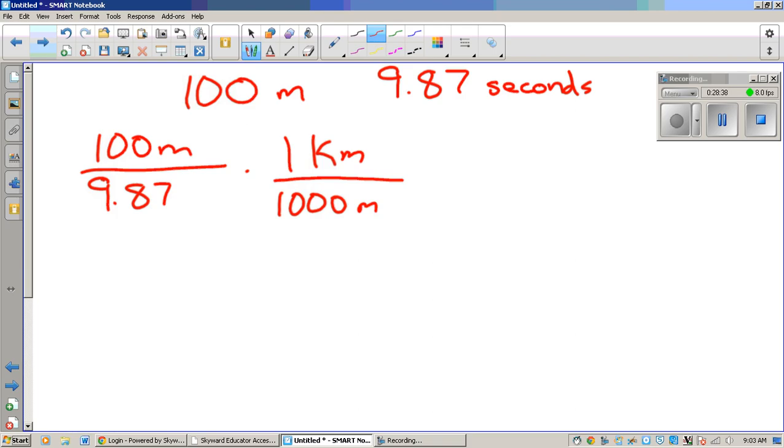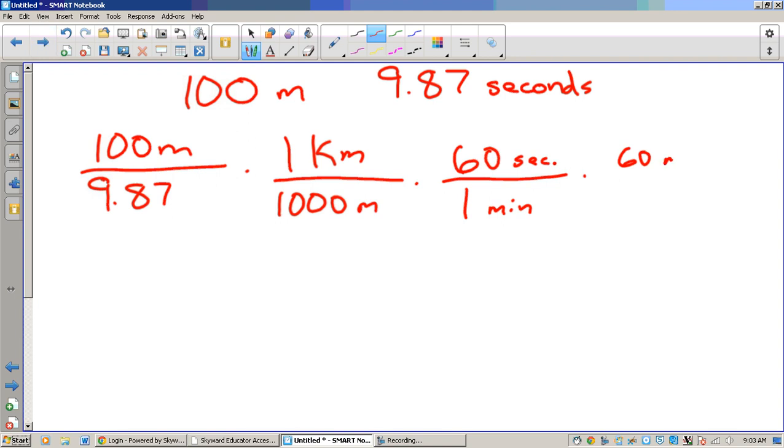And we also need to do, instead of seconds, we need what? Hours. Okay, so we know that there are 60 seconds in 1 minute, and that there are 60 minutes in 1 hour.